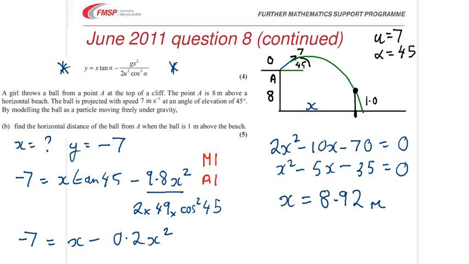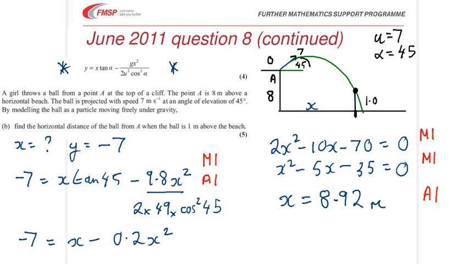And then there were 2 method marks for carrying out the steps to solve the quadratic, and an accuracy mark for getting the right answer. That gives you the 5 marks for that part of the question. Those 2 method marks are for the process of going from the original expression with tan 45 and so on, and getting the final answer.